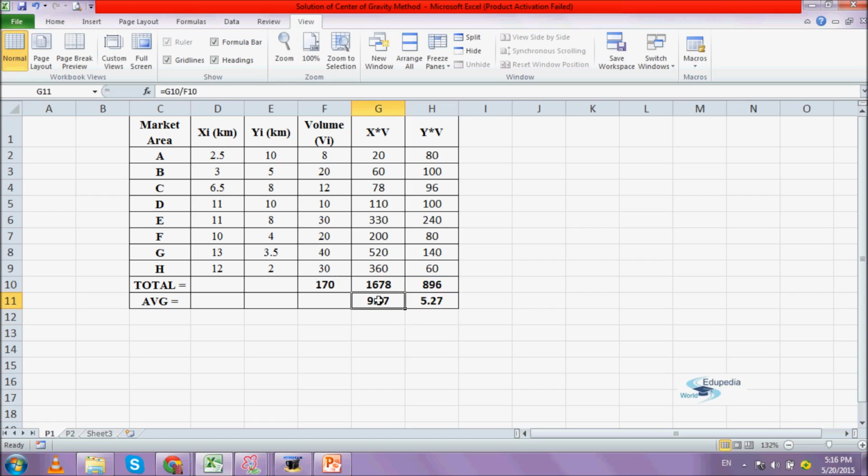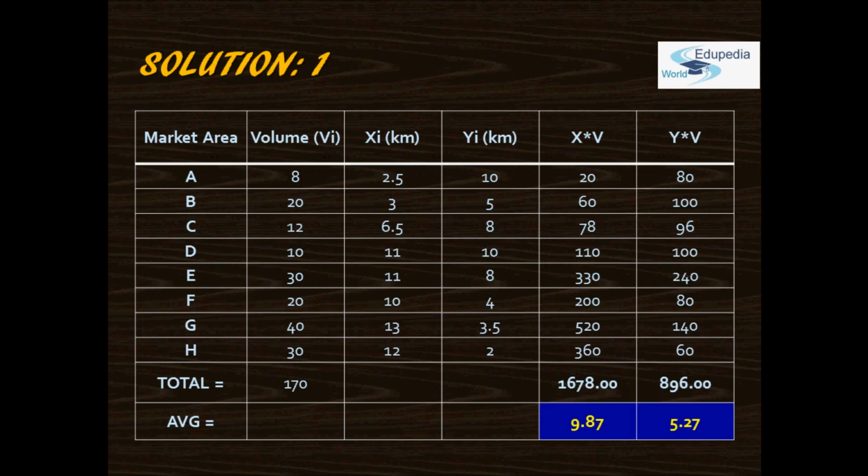So the most suitable point in the grid is 9.87 comma 5.27. That's the most suitable location for the first question, and here I have the summary of the answers: 9.87 comma 5.27. These are my XC and YC values.